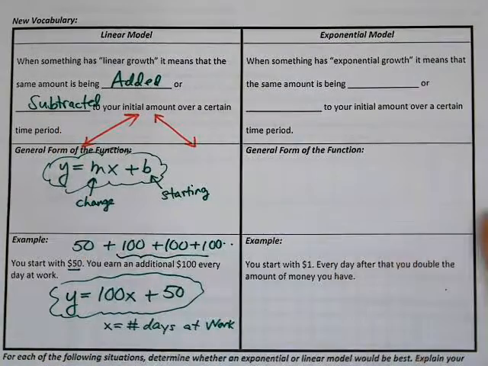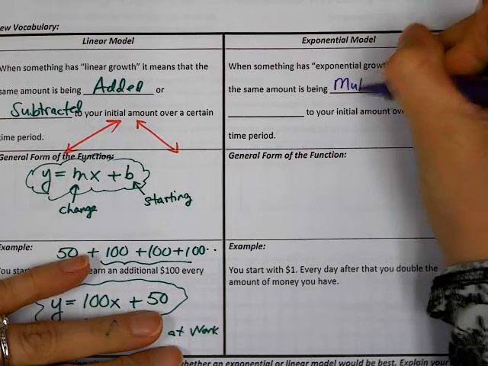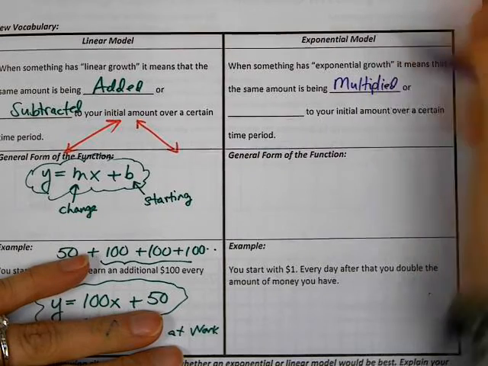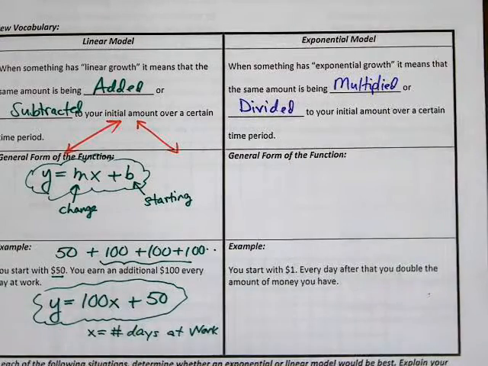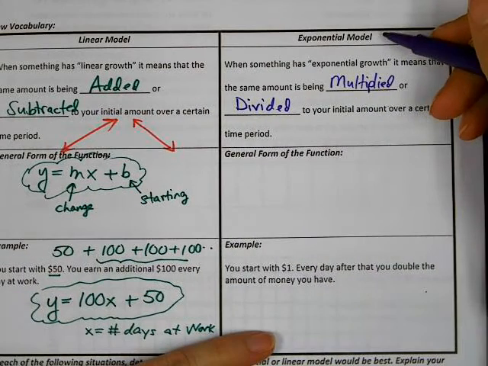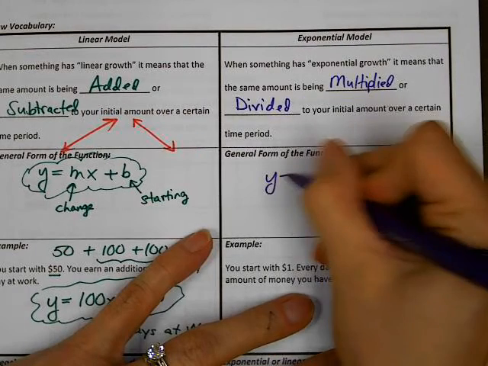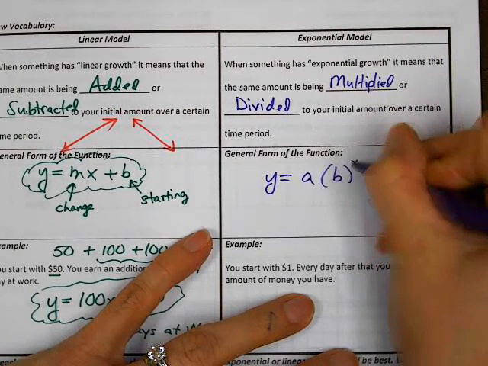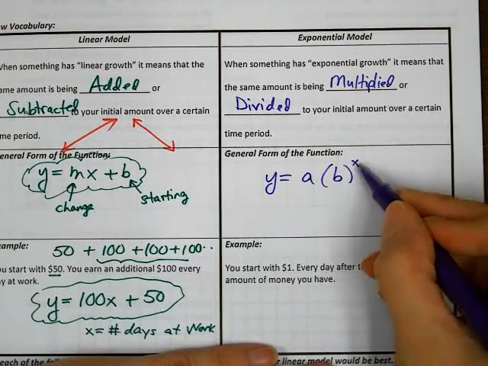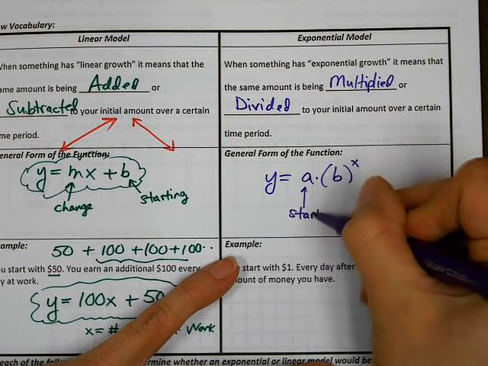Exponential models are a little different. When something is being multiplied or divided to your initial amount, then we call it exponential. It would be y equals a times b to the x power, and only b gets the x power. a is your starting amount or initial amount.